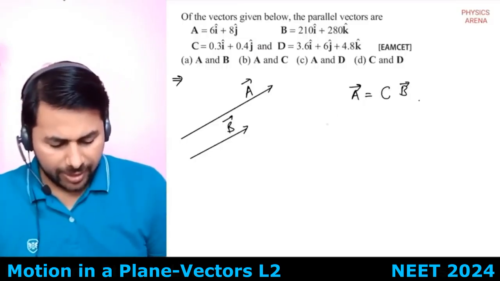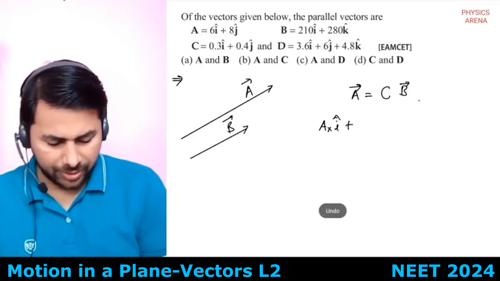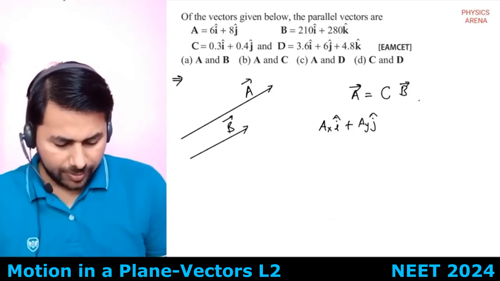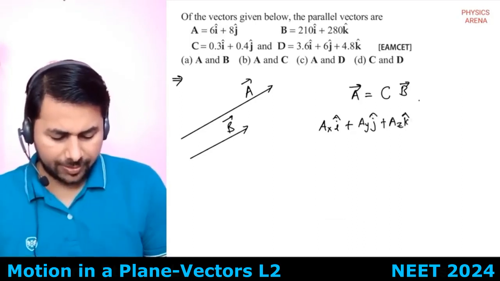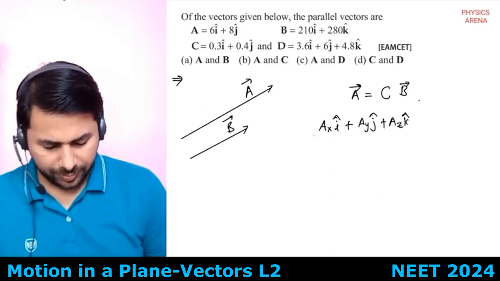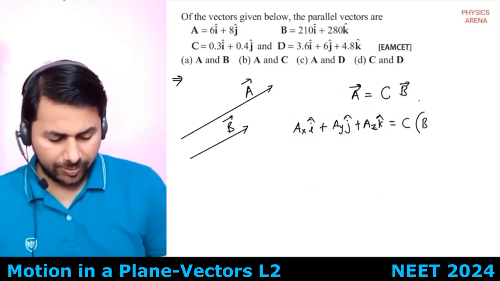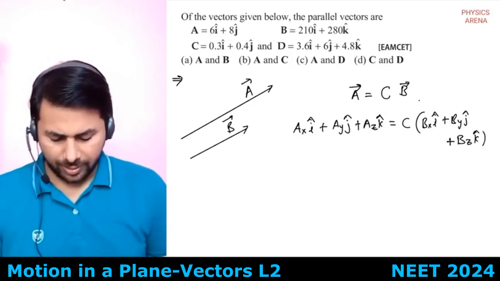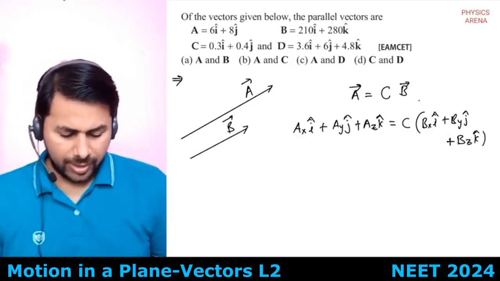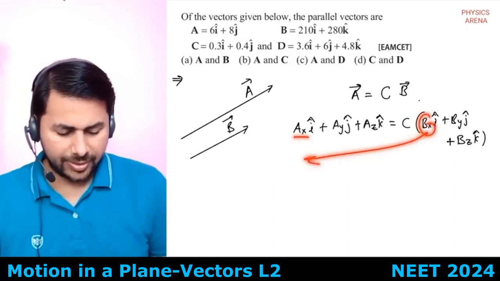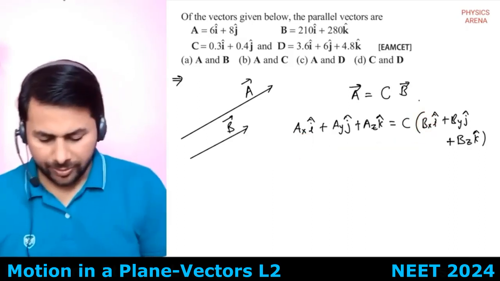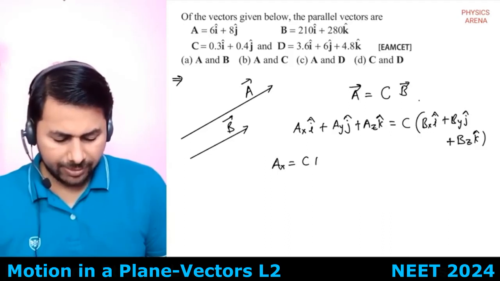So you can say A bar is equal to Ax into I cap plus Ay into J cap plus Az times K cap. And it is equal to C times Bx times I cap plus By times J cap plus Bz times K cap. Now if you compare, Ax will be equal to C times Bx.